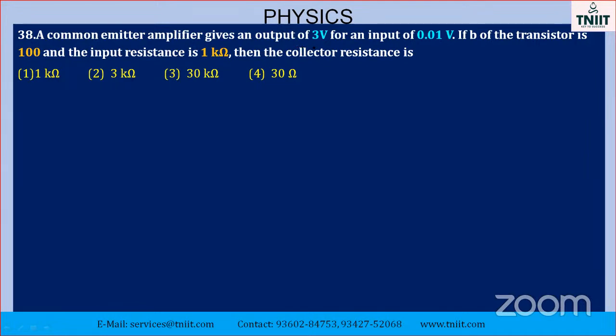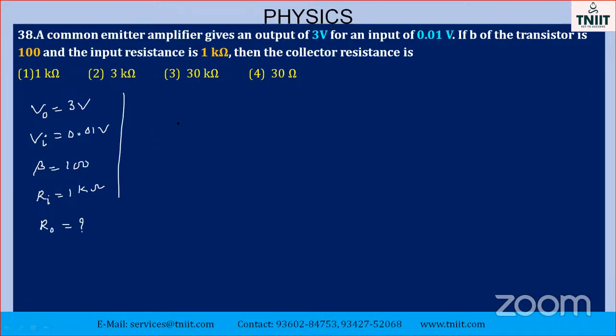So a common emitter amplifier has output. What is output voltage? 3 volt. What about input voltage? 0.01 volt. Transistor is having beta 100. Input resistance is given 1 kilo ohm. What is the collector resistor? Collector resistor means output resistance.